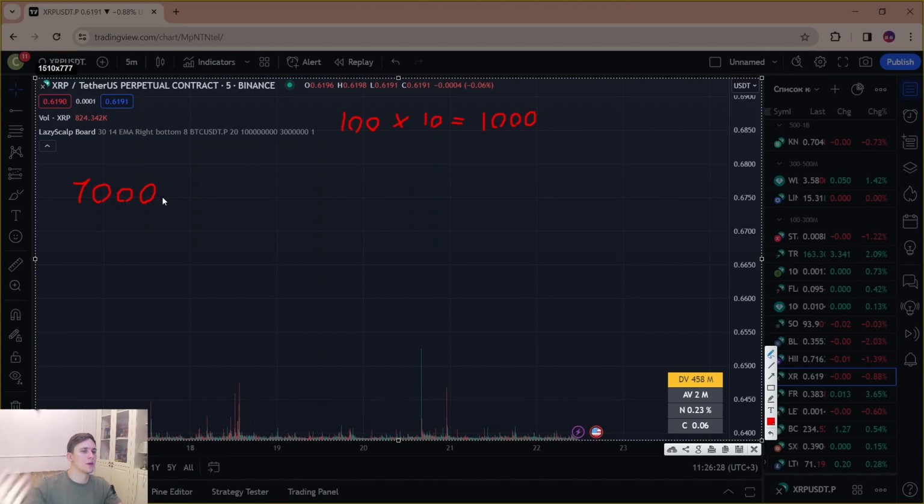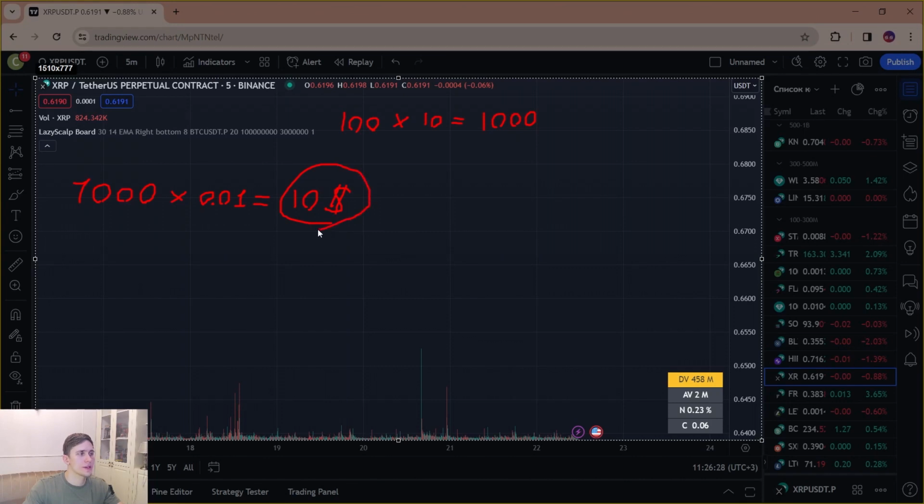We bought altcoin futures for $1,000 and we expect to get 1% of movement. So we calculate 1%, and there will be $10 of profit.